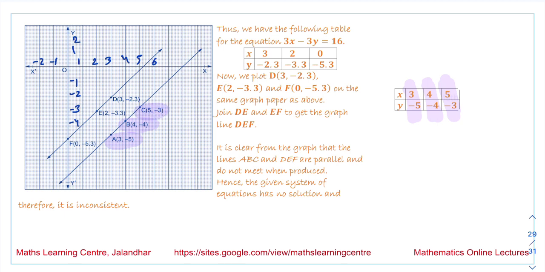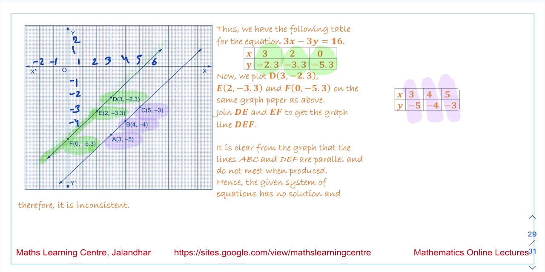This is the point over here. Corresponding to the second equation, we have the point 3 comma minus 2.3. Next is 2 comma minus 3.3. Next is 0 comma minus 5 by 3.